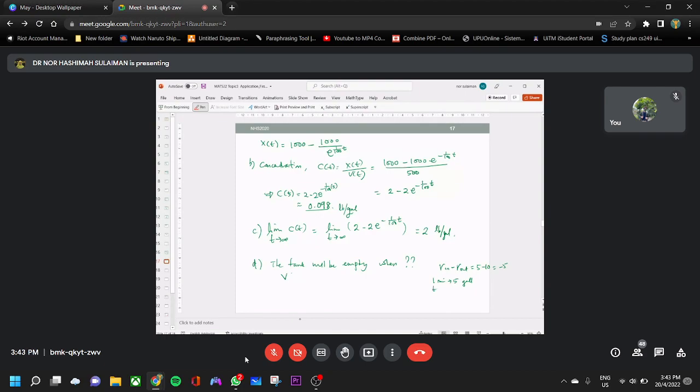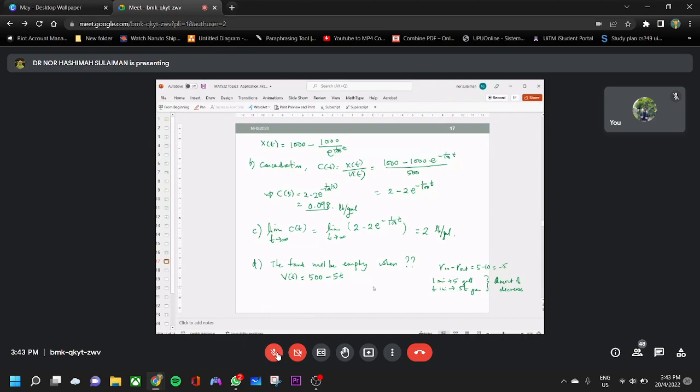T minit? 5T gallon. Ini amount of decrease kan? Okay, so maknanya VT sama dengan berapa? Originally you have 500 gallon, betul? Tolak 5T. Okay?